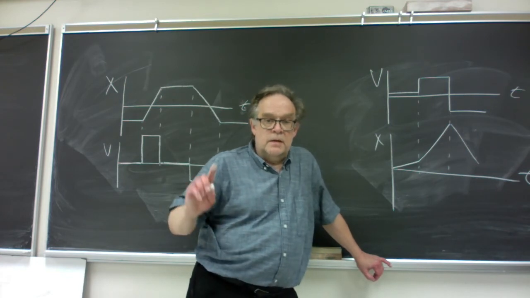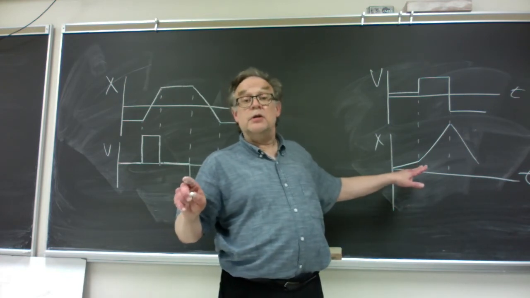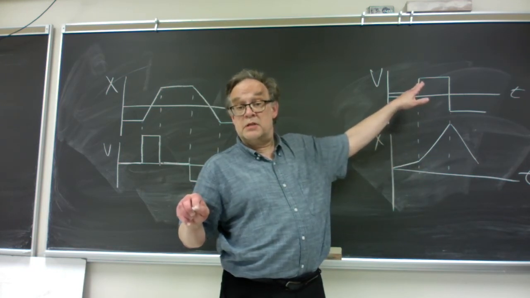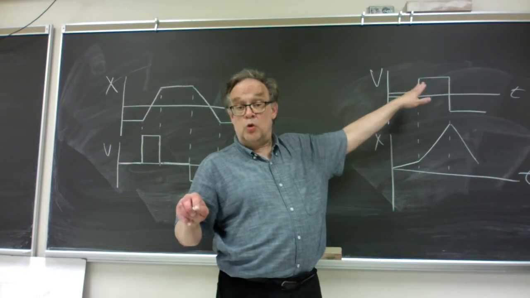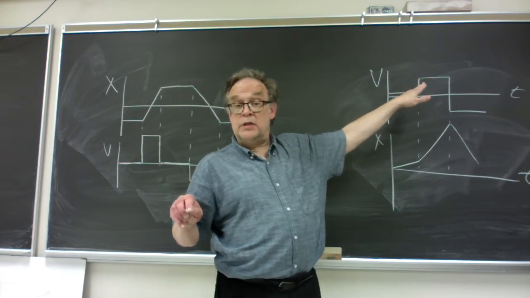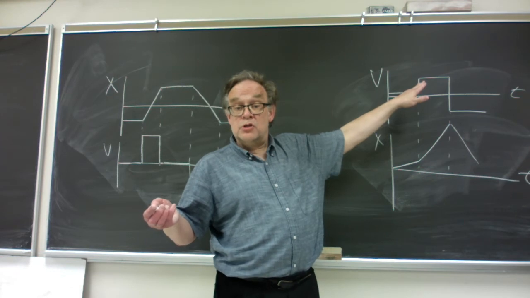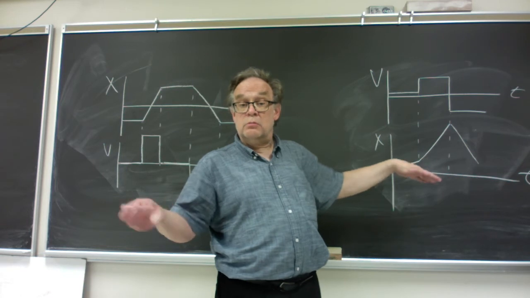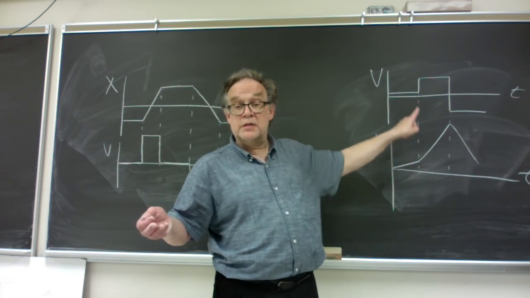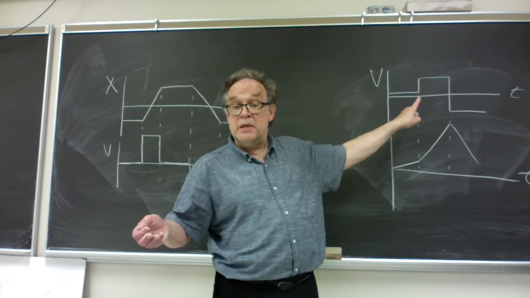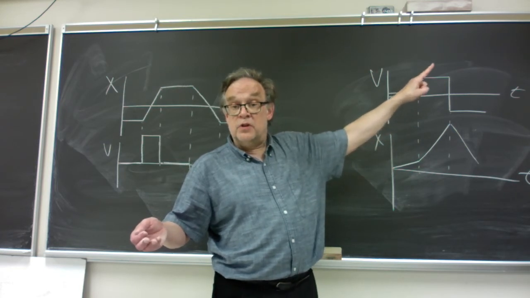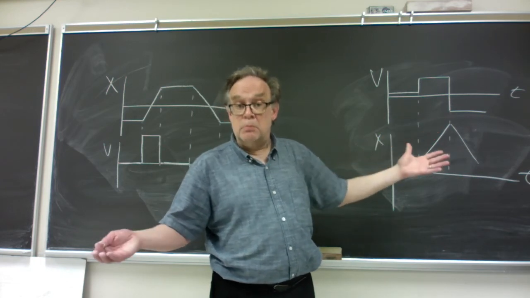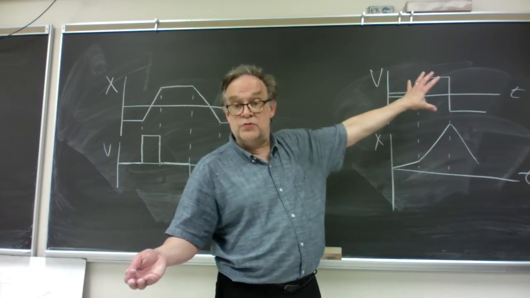Now, here's the trick. This isn't the only position graph that is consistent with this. This tells you the slopes, but this doesn't tell you anything about the locations. So the moving object could be going through different locations, it could be located at different places, but as long as it has this speed, and then this velocity, and then this velocity, it's a kind of motion that is consistent with this velocity graph.